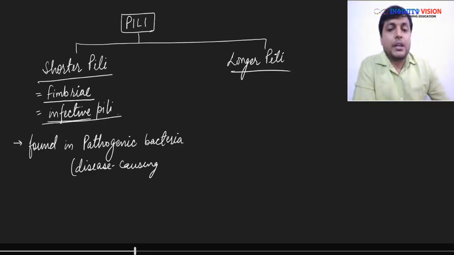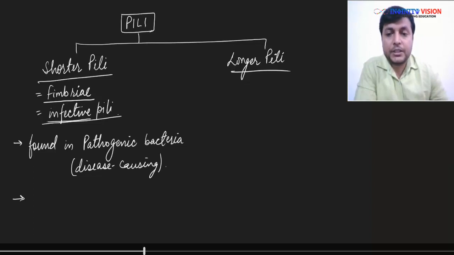In most of the pathogenic bacterial strains which are infective to us and known to have pili, they have this shorter pili. Okay, and that's why we call them infective pili.